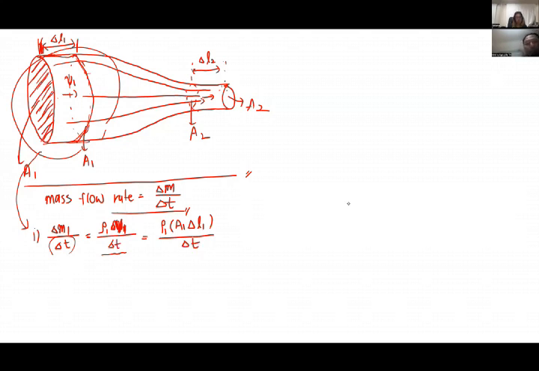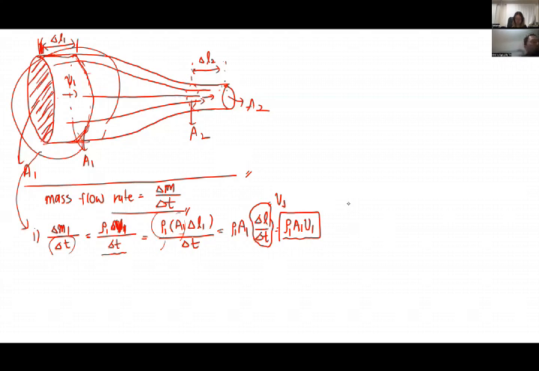The density rho 1 of fluid at the inlet of this pipe is a constant value, and A1 is a constant value, so they can be taken out of the delta. So that is rho 1 times A1 times delta L1 over delta t. This is the velocity V1, right? So the mass flow rate could be expressed with rho 1, A1, and V1, a combination of density, area, and velocity.